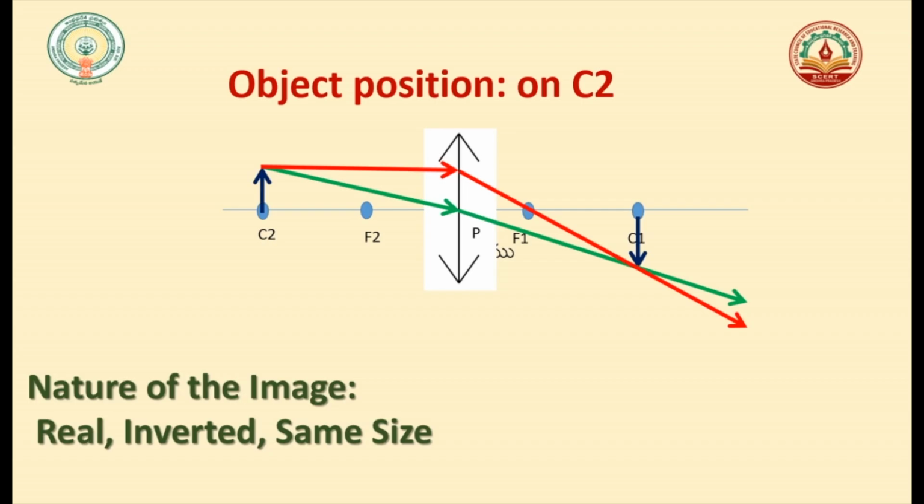And also the nature of the image is real, inverted, same size. We have to know this situation: real, inverted and same size. That is on C2, because the object distance is equal to the radius of curvature and the image distance is also equal to the radius of curvature, PC2 or PC1.